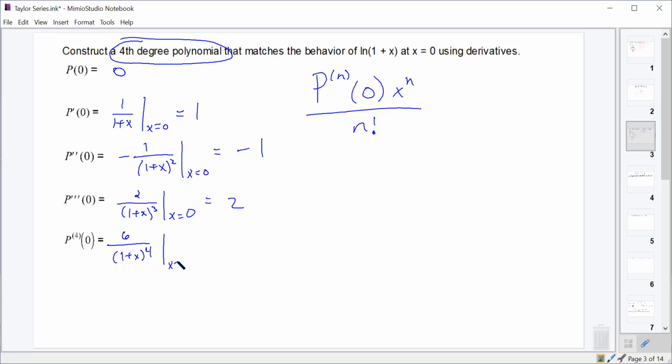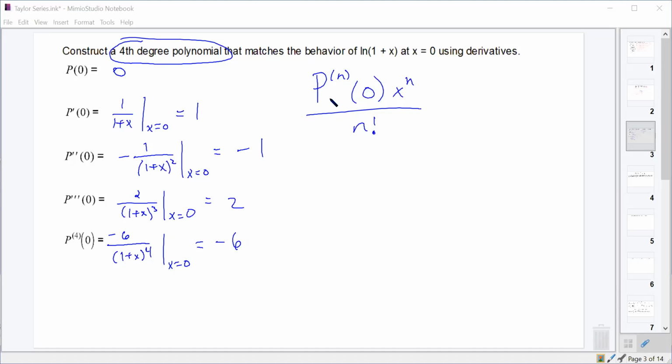And if we evaluate that at x equals 0, we ought to get, I forgot my negative sign, we ought to get negative 6. Everybody agree with that?